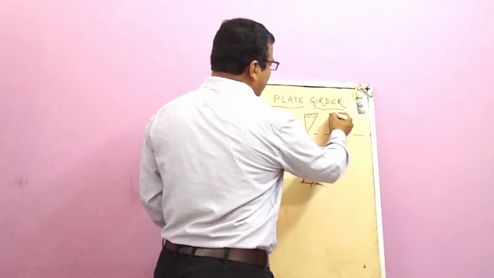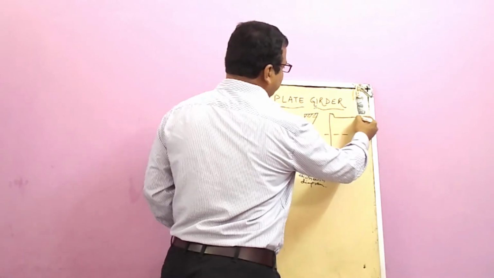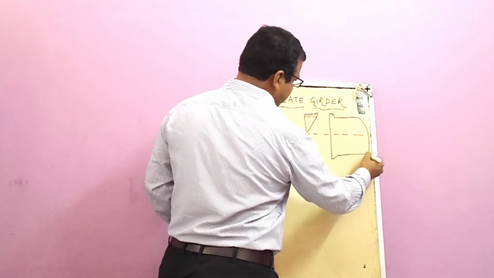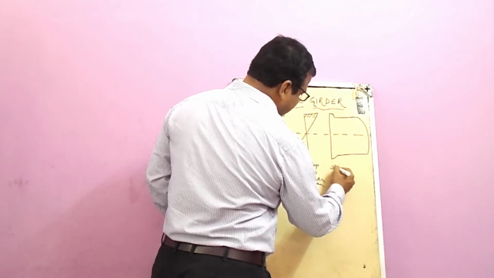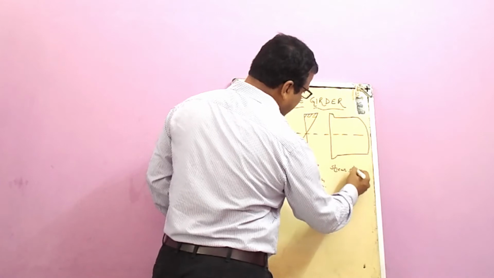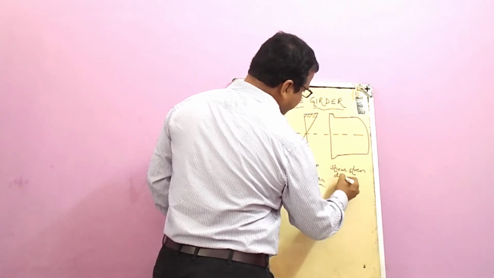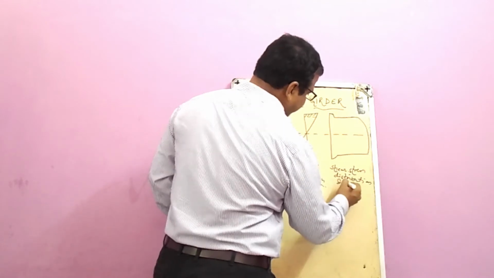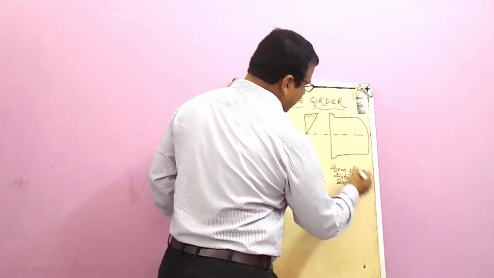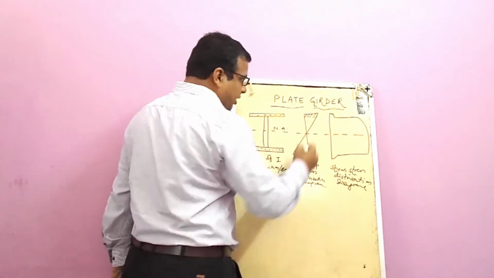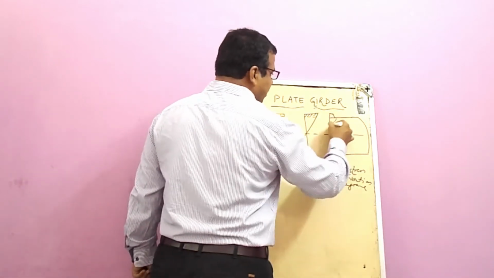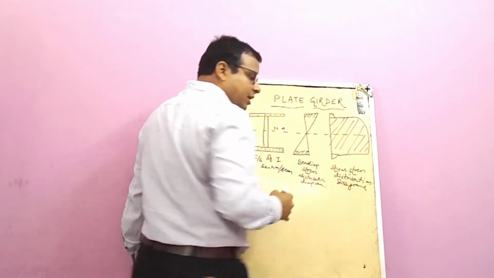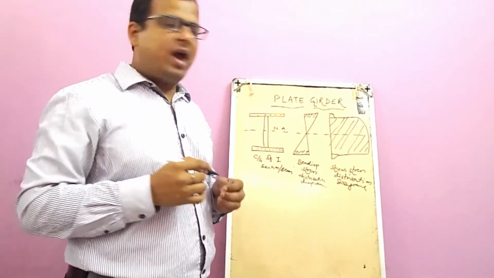Now in the case of the shear stress, what will happen? If we draw this, this will be the shear stress distribution diagram. We can observe that the major part of the shear force is taken by the web only.